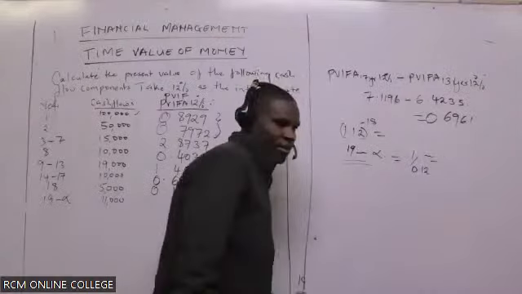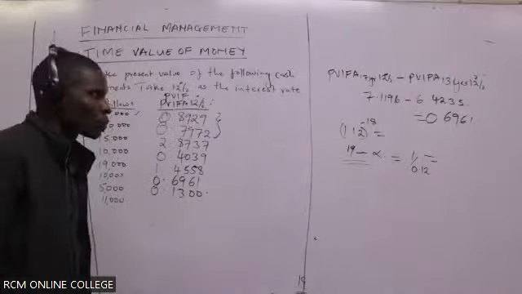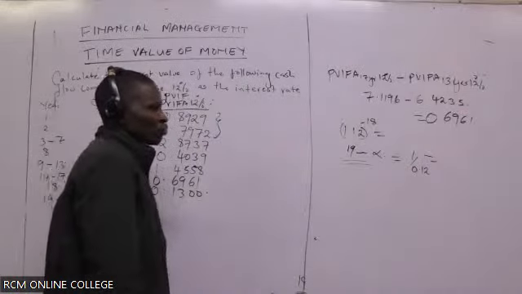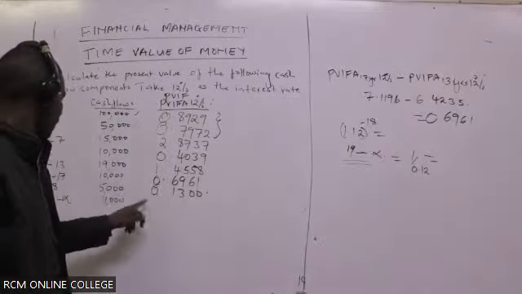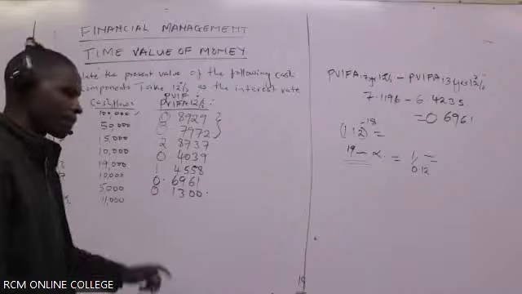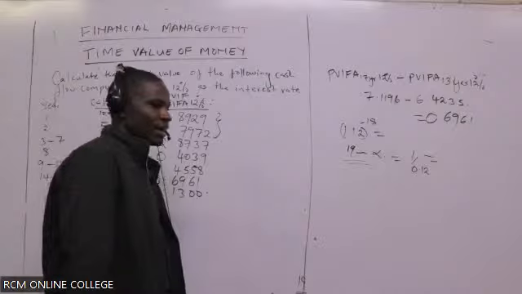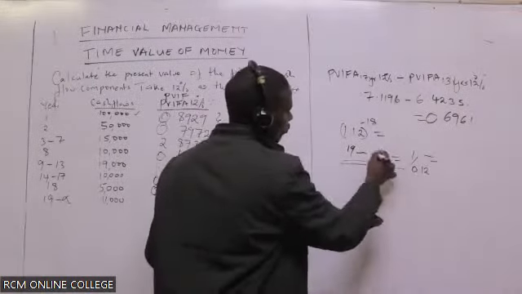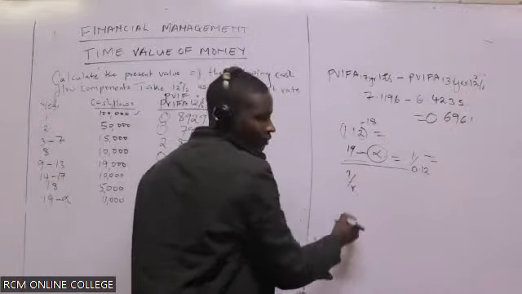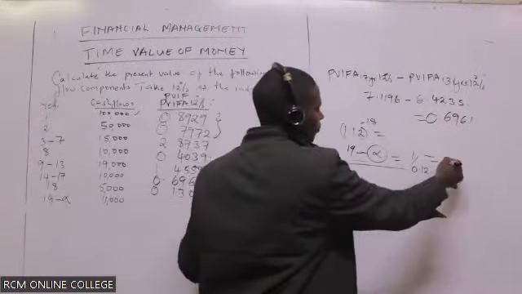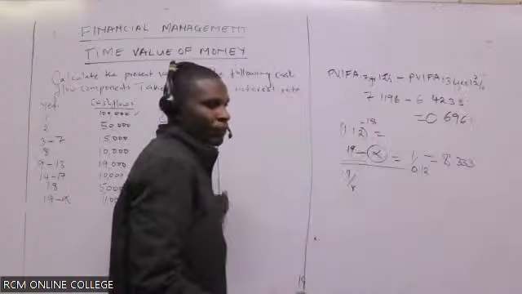So 1 divided by 0.12 gives 8.333. 1 over R is getting the present value of infinite.